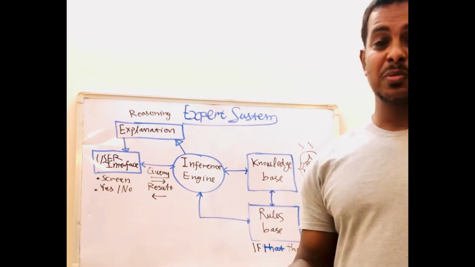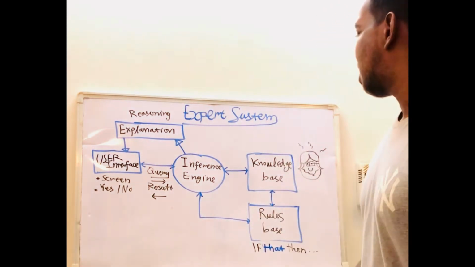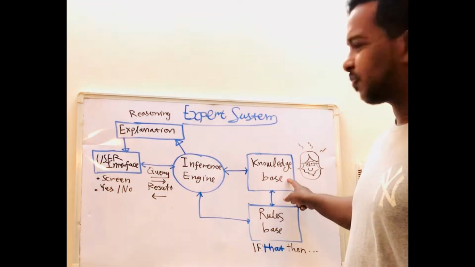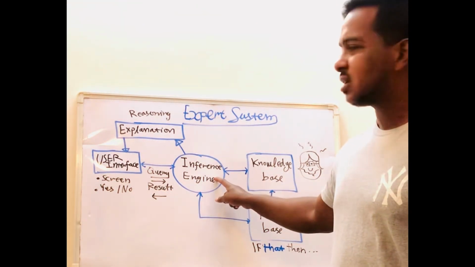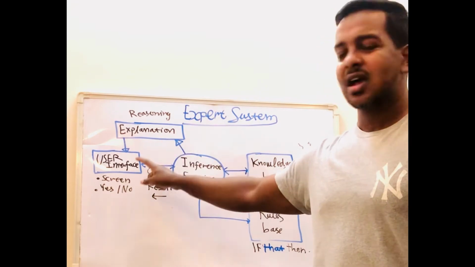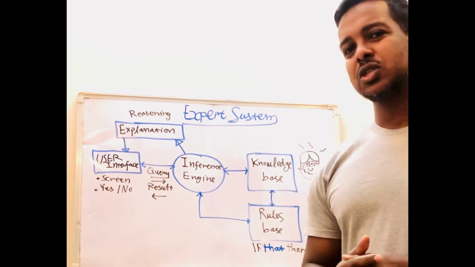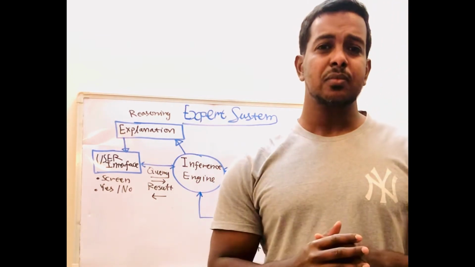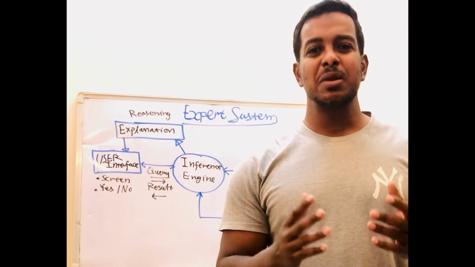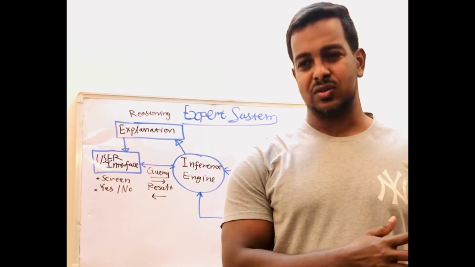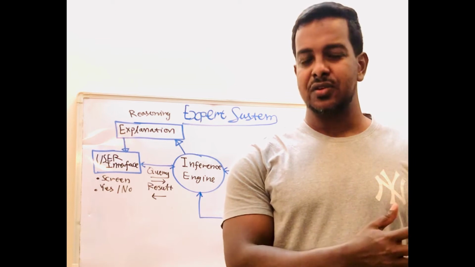So what does an expert system consist of? It consists of a rule base, a knowledge base, an inference engine, an explanation, and your user interface. So let's understand in detail what each one is. An expert system is mimicking a real expert in life, like doctors, scientists, engineers.